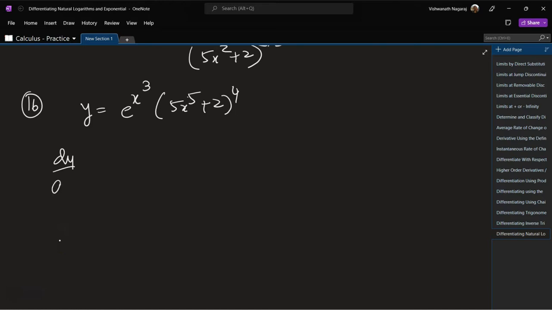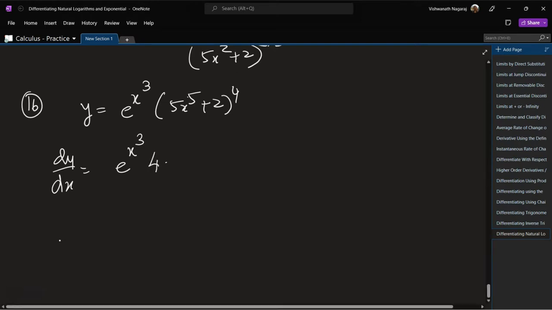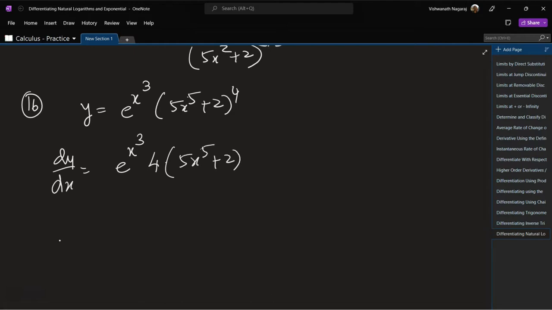So dy by dx is equal to, product rule: e to the power of x^3 as it is, and the derivative of (5x^5 + 2)^4, which is 4 times (5x^5 + 2)^3 times 25x^4, plus the derivative of e to the power of x^3, so e to the power of x^3 times 3x square, times (5x^5 + 2)^4 as it is.